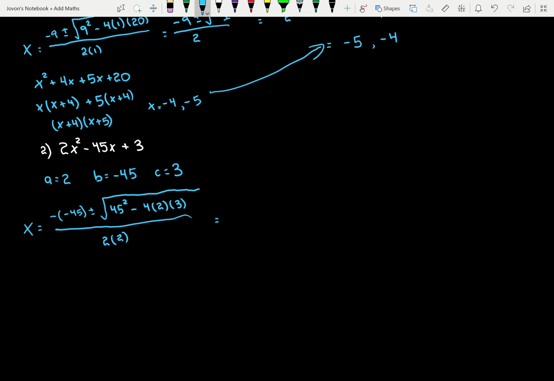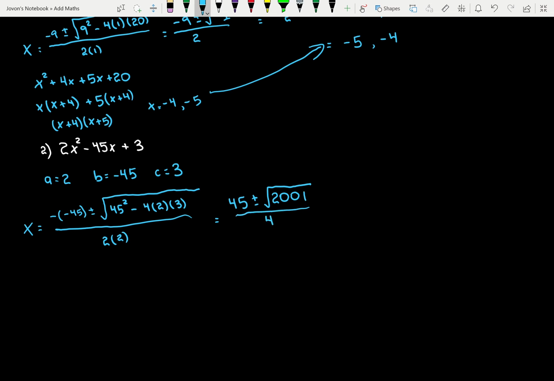So you get 45 plus or minus the square root of 45 squared minus 4 multiplied by 2 multiplied by 3. 8 times 3 is 24, so 45 squared minus 24, which, when you use a calculator, gives the square root of 2001, all over 4.